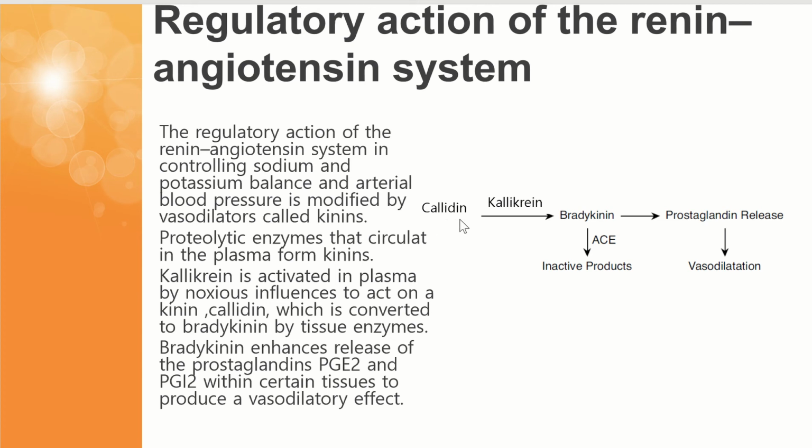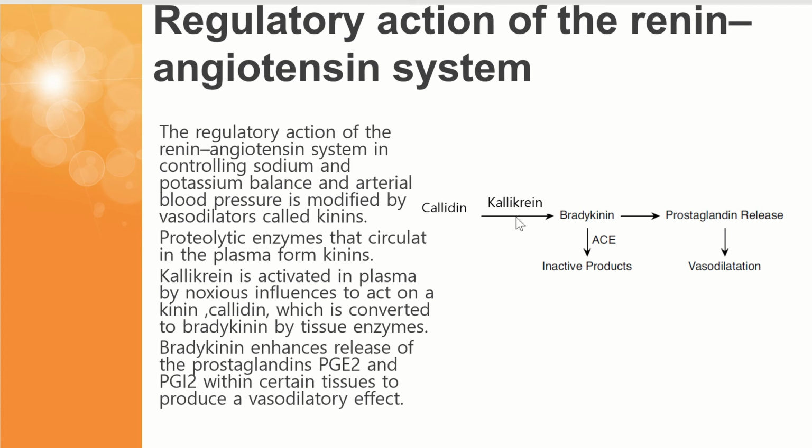And if you do read widely, you will see that there are a variety of spellings for these two words. So kallikrein is activated in the plasma to act on kallidin, which is converted to bradykinin by tissue enzymes. So bradykinin, right, is converted from kallidin through kallikrein.